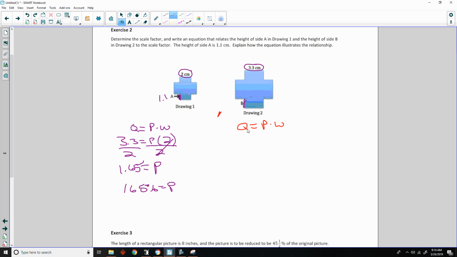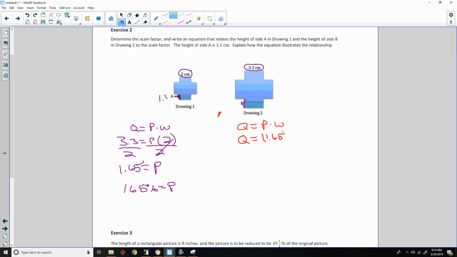The quantity in this case is going to be our scale value, just like before, B. So that's going to be our unknown.